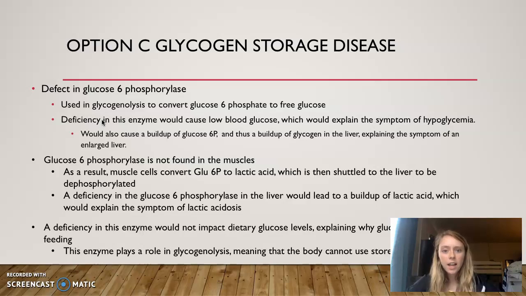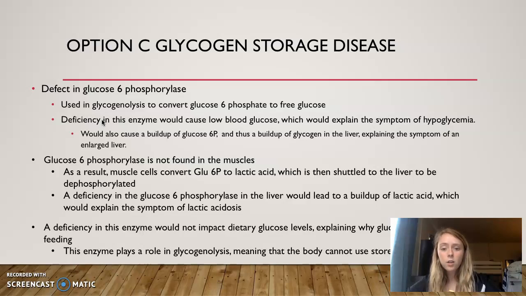So basically the lactic acid in a reverse reaction is converted to pyruvate and then glucose 6-phosphate, and then this glucose 6-phosphorylase dephosphorylates it so that the glucose can go to the bloodstream. So when you have a deficiency in this enzyme, in this case, it would mean a buildup of lactic acid. So that would explain the patient's symptom of lactic acidosis.